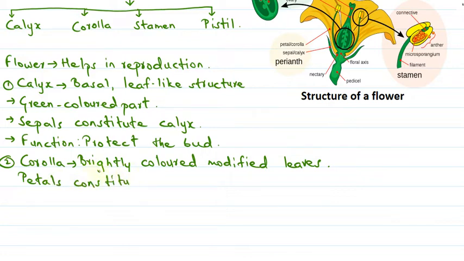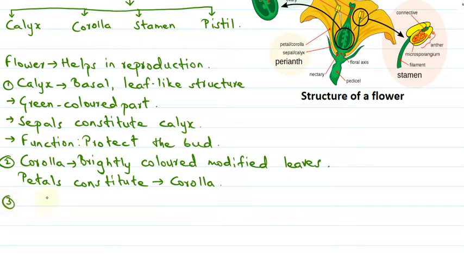The petals constitute the corolla. So the corolla is constituted by petals, whereas the calyx is constituted by sepals.